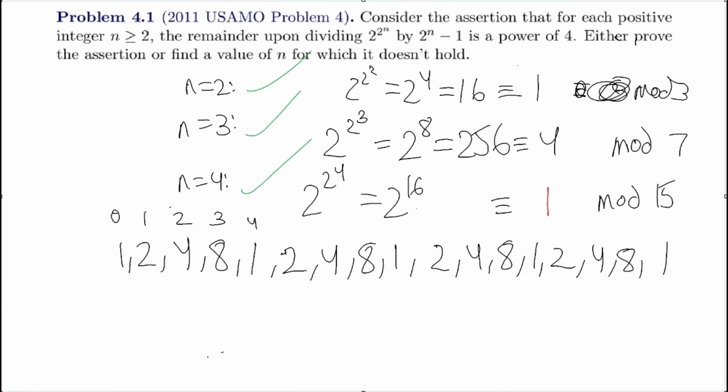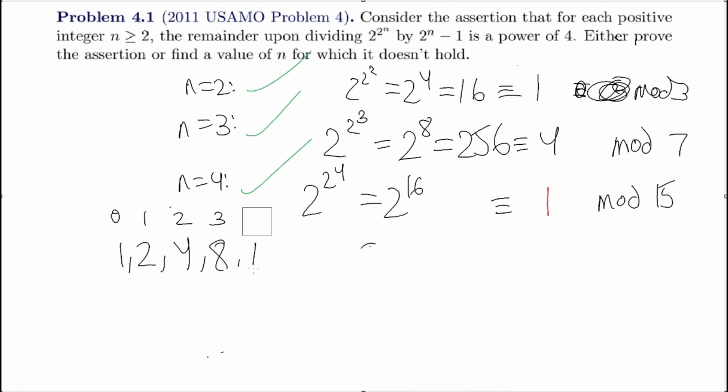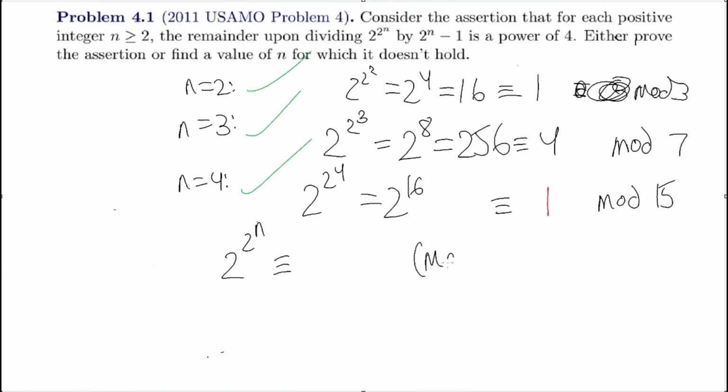All right, so now what does this mean? Well, because we have this periodic behavior, that makes us think of using orders, because in this case, 4 is the order. And by using orders, we can greatly simplify the problem. So in particular, let's look at the general case, where we have 2 to the n is equivalent to something mod 2 to the n minus 1.